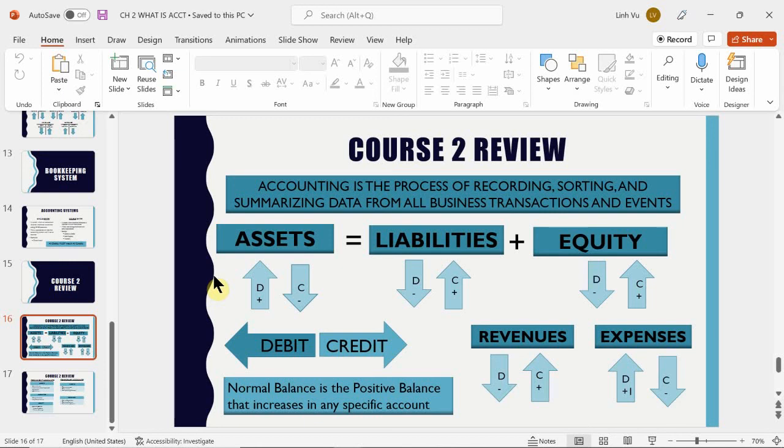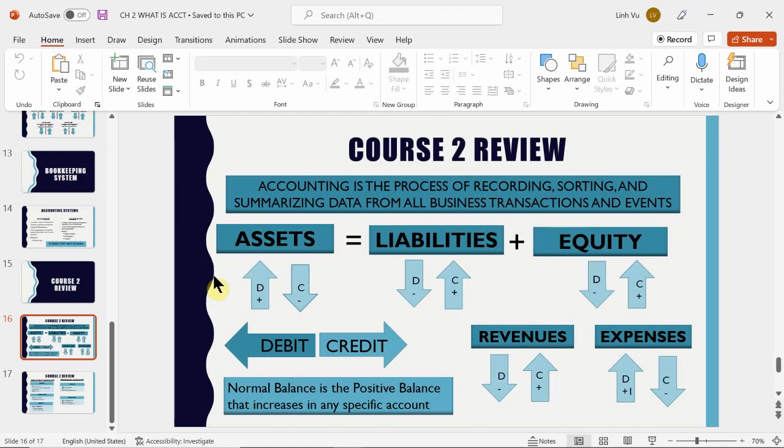Decrease. Okay, so you know what the definition for the normal balance is, right? It's whichever side that increases on. So does a liability increase with a debit? No. So then liability is not one of them.